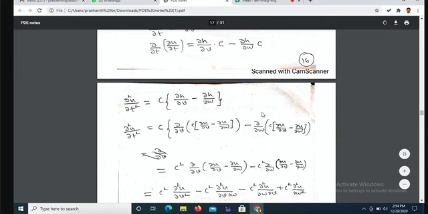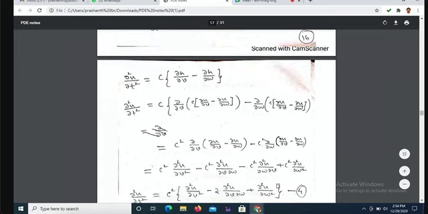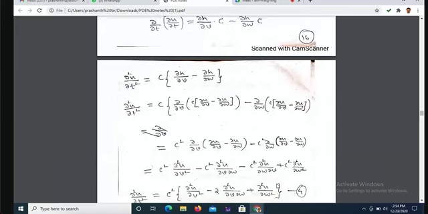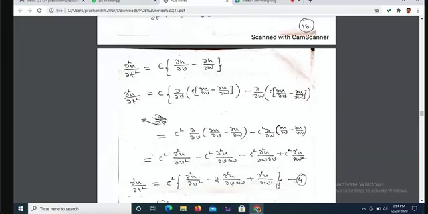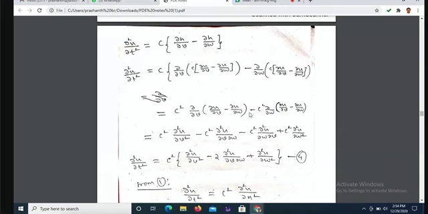Because outside c there, you multiply with c², ∂/∂w of ∂u/∂v minus ∂u/∂w. Okay. So hence c² as it is, ∂²u/∂v² minus ∂²u/∂v∂w, minus c² into ∂²u/∂w∂v, minus into minus plus c² into ∂²u/∂w².